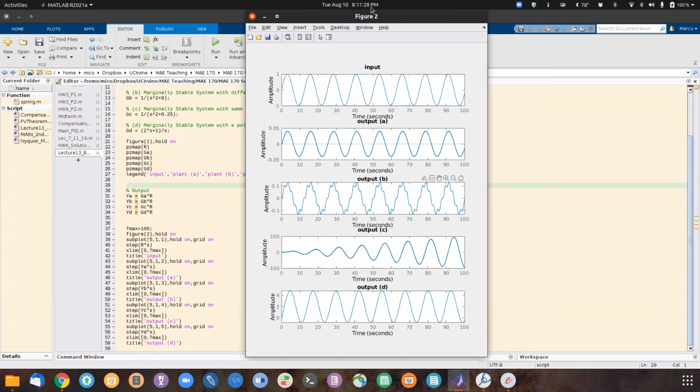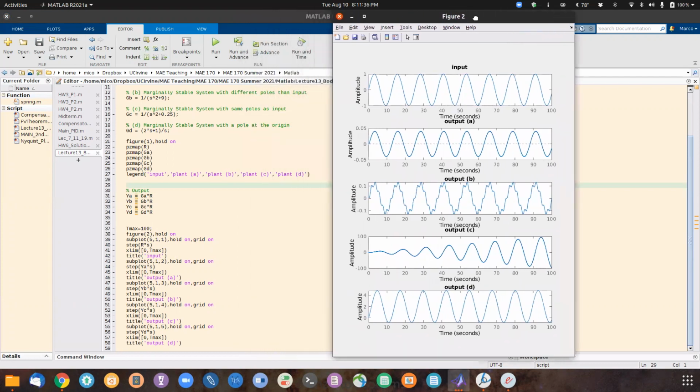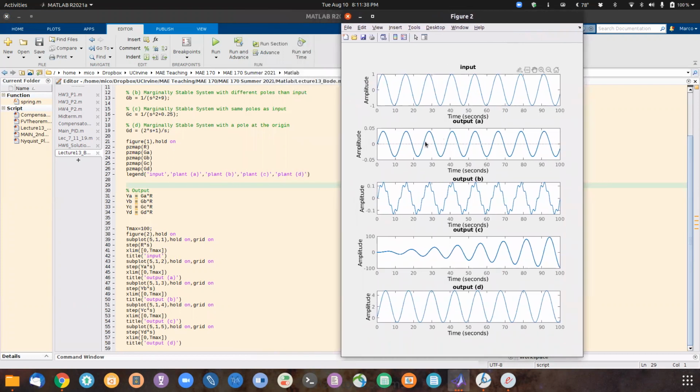So as you see here, the outputs look qualitatively exactly like I drew in the notes. So for the stable system, we have an output in the subplot 2 that has the same frequency of the input. It is clearly visible that is the case.